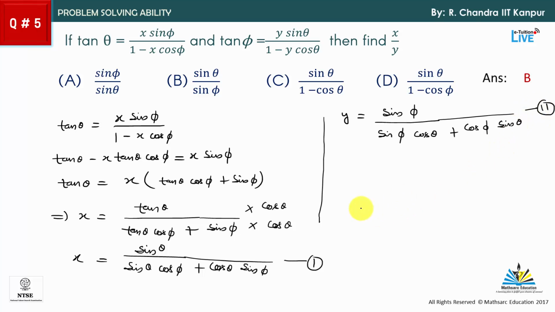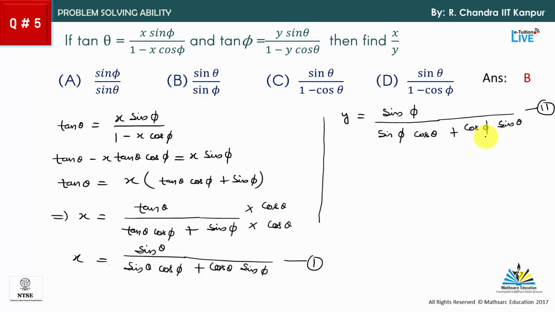Similarly, you can also derive it the same way that I have derived here. But if we take some extra effort, then we can directly write this relation. You can observe here one thing: the denominators of y and x are the same, cos theta sin phi plus sin theta cos phi.